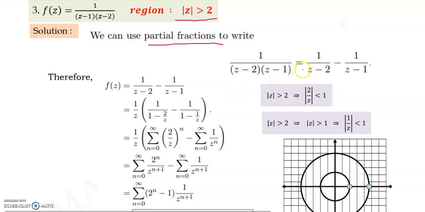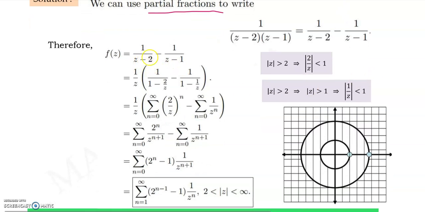Now you see, after writing the given function using partial fractions like 1 over (z minus 2) minus 1 over (z minus 1), in the first term you take z as a common factor, and in the second term also you take z as a common factor.